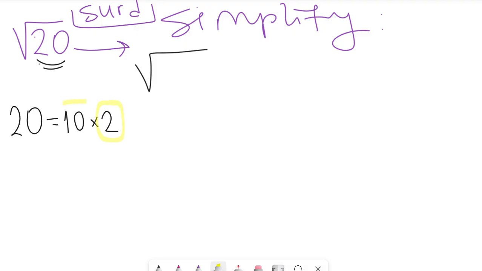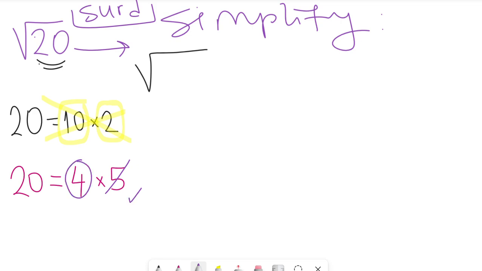No. Do I know square root of 10? No. So this option is not good. You can say 20 is equal to 4 times 5. Okay, do I know square root of 5? No. But do I know square root of 4? Oh yeah, we know square root of 4. Excellent. This is the option that we want.